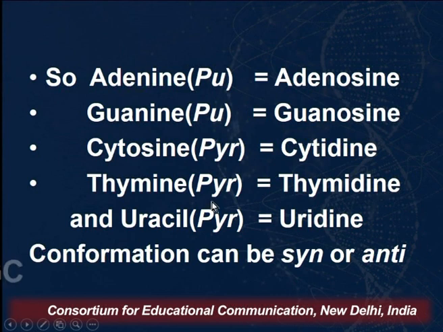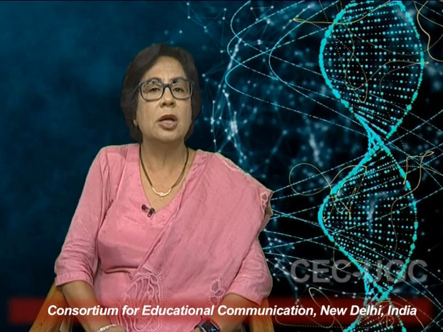If it is cytosine, which is a pyrimidine, you will convert osine into idine, so the name will become cytidine, whereas with thymine it will become thymidine. For uracil it will be uridine. So this is how we are going to name the nucleosides.